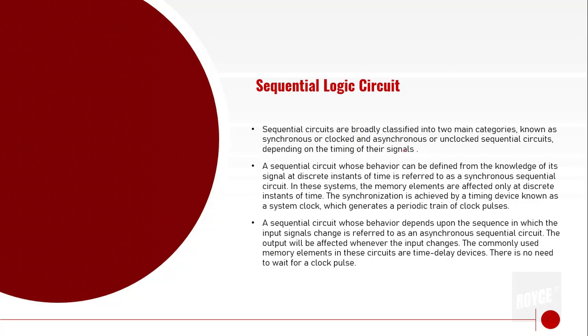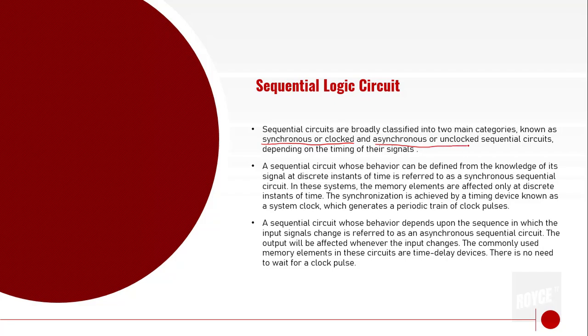Sequential circuits are broadly classified into two main categories. So, we have sequential logic circuits that is clocked. So, ang tawag natin dyan ay synchronous sequential logic circuits. And meron naman tayong sequential logic circuits that are unclocked.